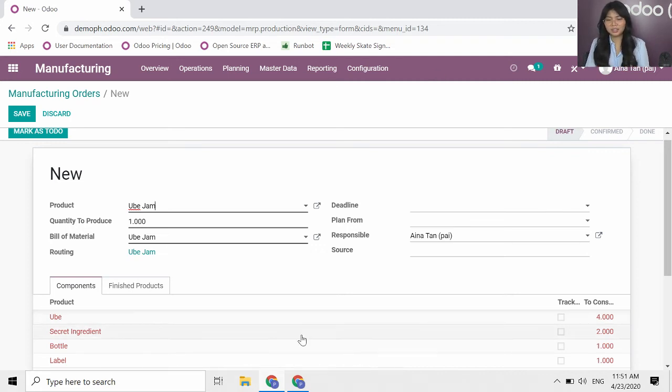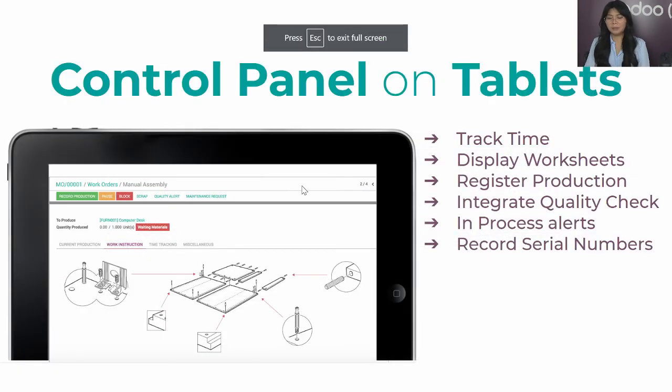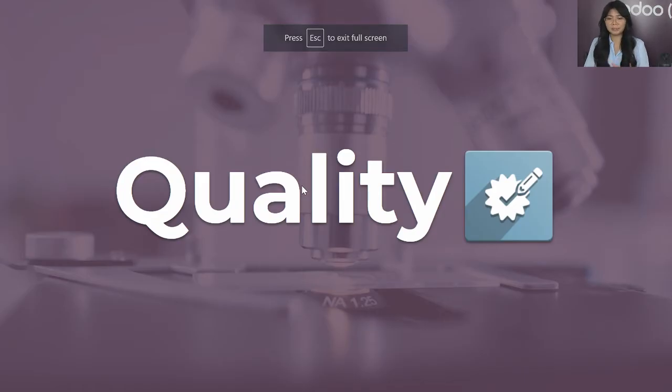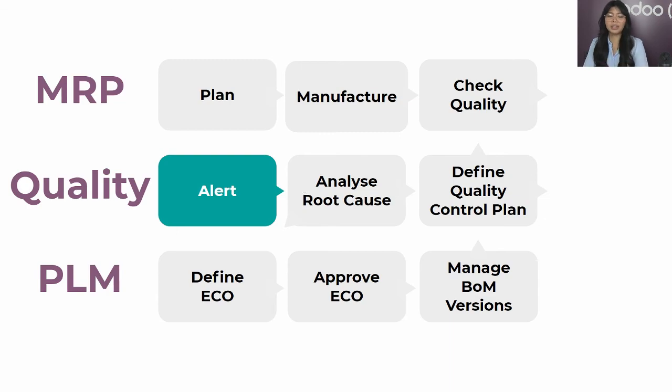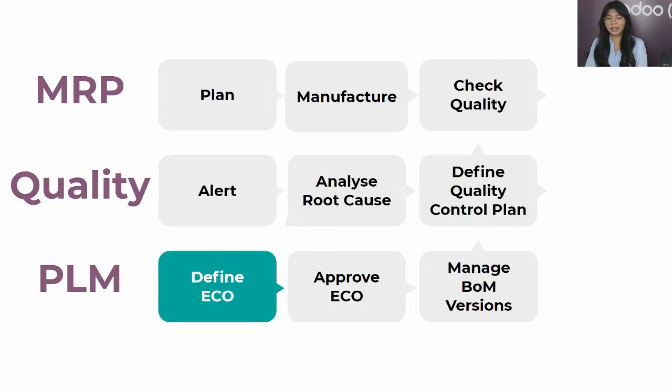So let's just continue with the presentation. Nag-skip ahead na tayo. So ito na yung mga nagawa natin kanina in our PLM. Nag-define tayo ng ating ECO, nag-approve tayo ng ating ECO, minanage natin yung BOMs natin, at dahil na-manage natin yung BOMs, pagdating natin dun sa ating manufacturing process ulit, na-change na yung ating BOM.